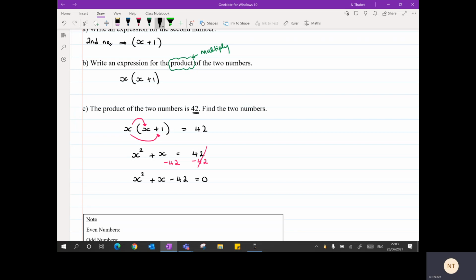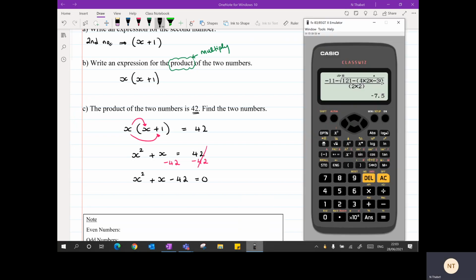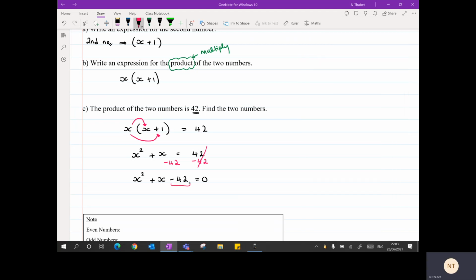And again, you can use the quadratic formula, although I do think this one is rather easy to factorize. So if you think of the factors of 42, this is a negative 42.